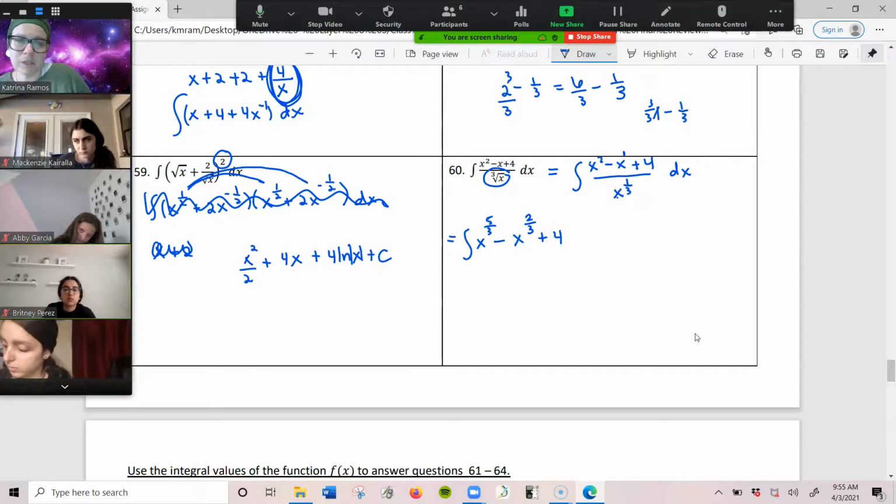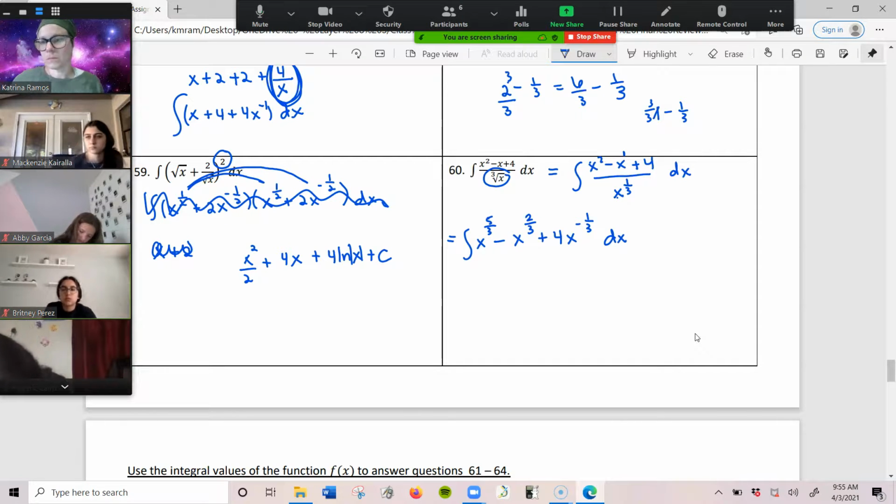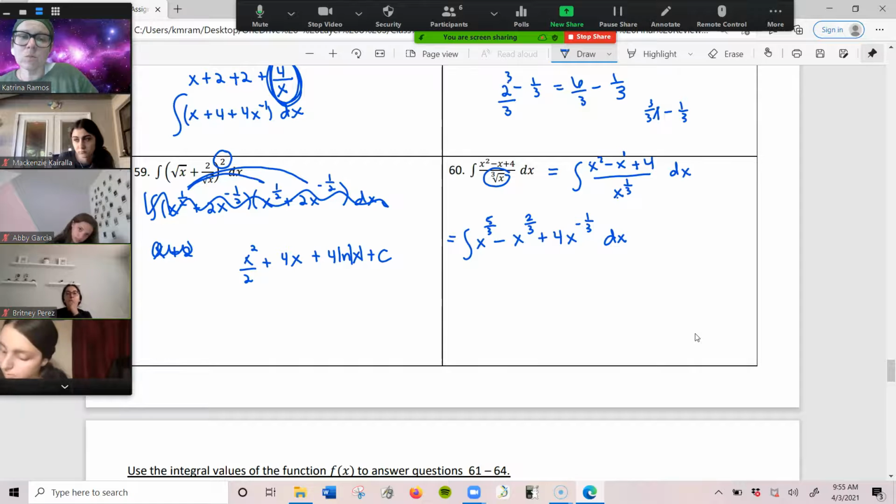This would just be plus 4x to the negative 1/3. Does that clear that part up? And now we apply the power rule. So for all of these, we add 1 and then divide by the new exponent, which everything has a denominator of 3. So adding 1 would mean to add 3 over 3.